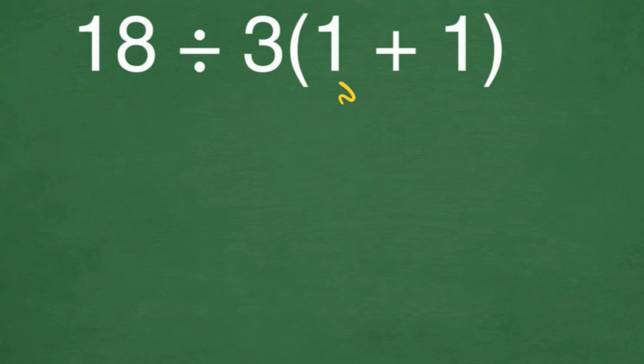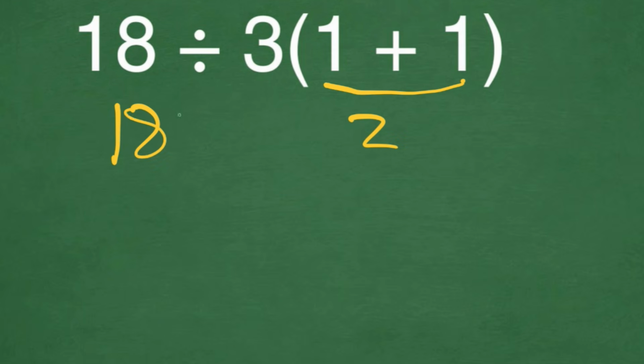So here we have parentheses, and of course we have to do the operation inside the parentheses first. So 1 plus 1 gives us 2, and the problem becomes 18 divided by 3 times 2. So now we have to do the division.